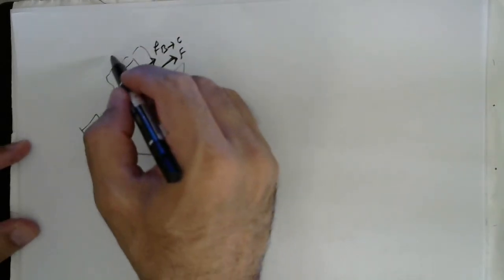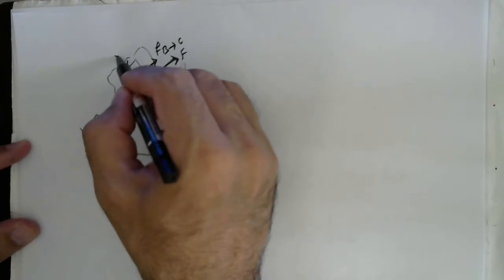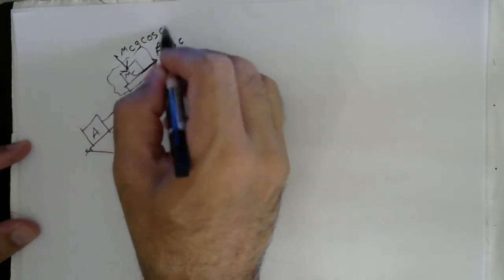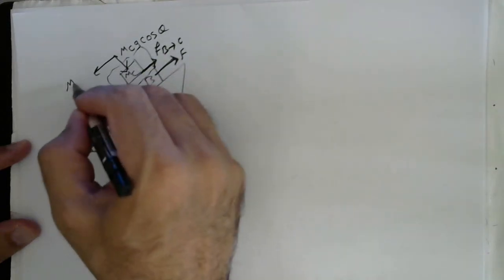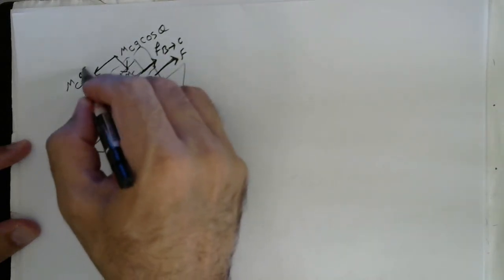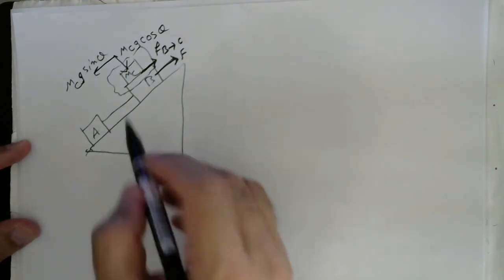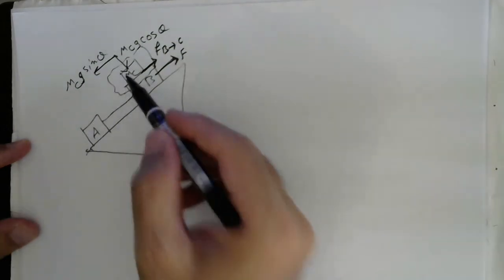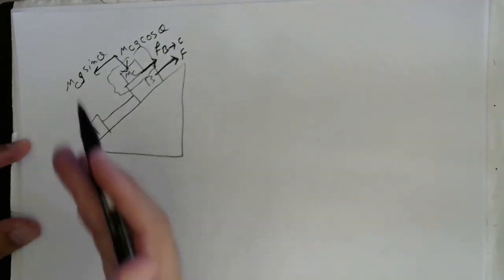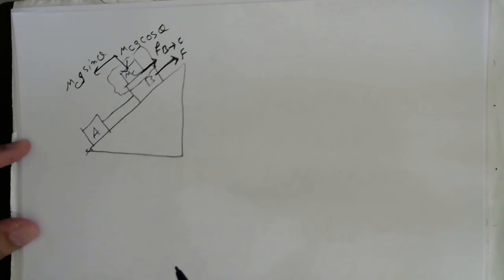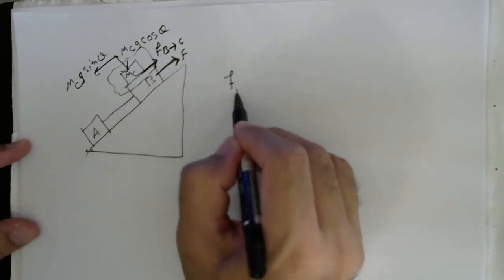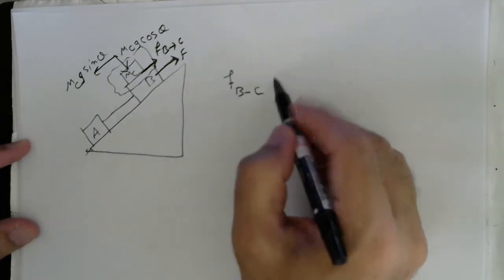There is another force, m_C g cosine theta and m_C g sine theta. Also, the tension is not considered for this system because it's not connected to C. So these are all the forces you have, and friction now becomes a driving force.